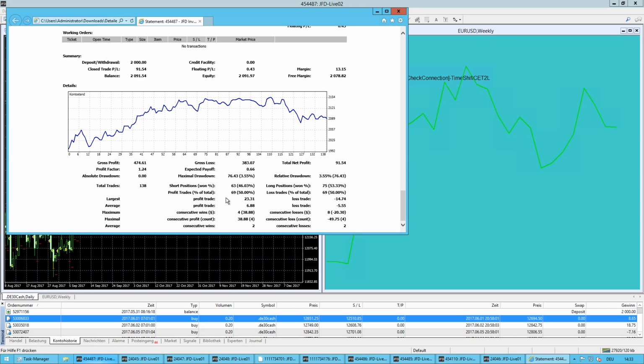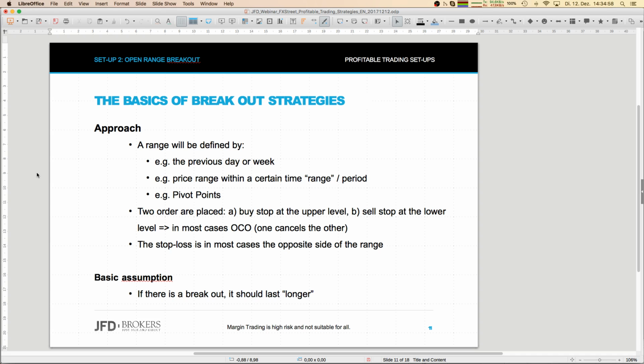A breakout strategy always involves a range, but now we have to define what range we are talking about. The range may be the price change of the previous day. That might be a certain range. Or the price change within the last week. That is a range.